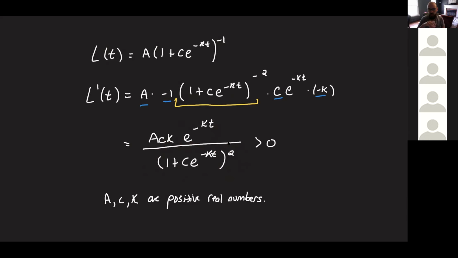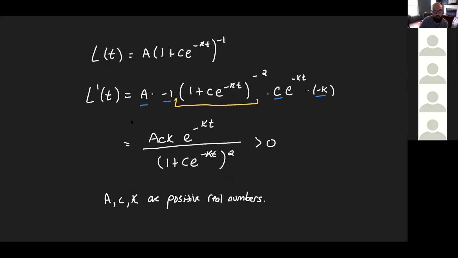So what we should see is that this function is always increasing. No matter what value for t, as we move from left to right, as t increases, our outputs will always go up.